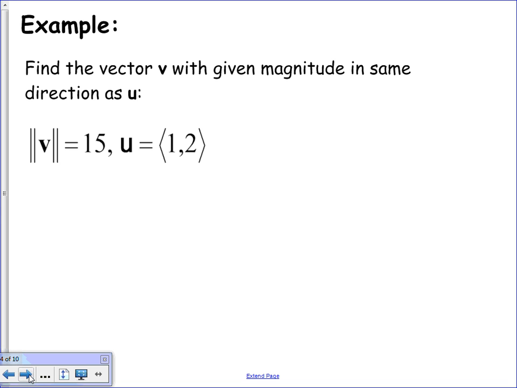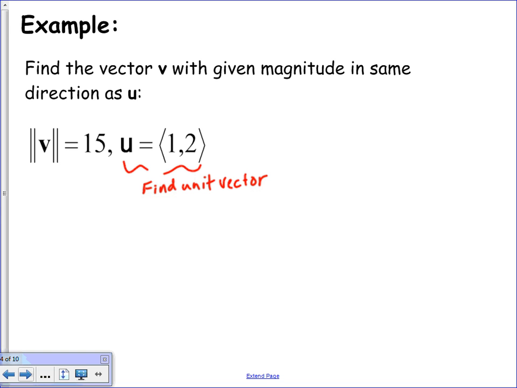So yesterday we made mention of something called a unit vector. Does anybody remember what's special about the unit vector? Its length, or its magnitude, is always 1. So if we can find a unit vector for u, then we'll have created something that goes in the same direction as u but has a magnitude of 1.